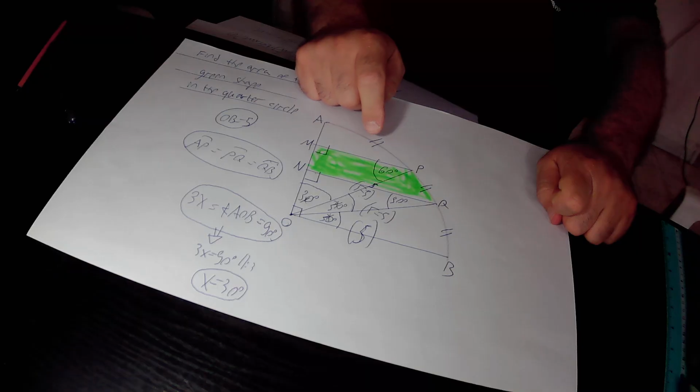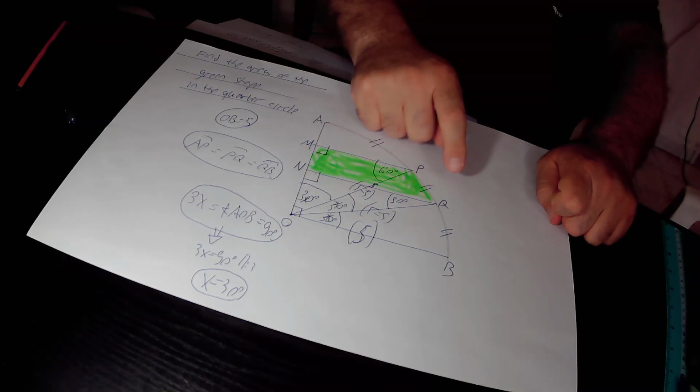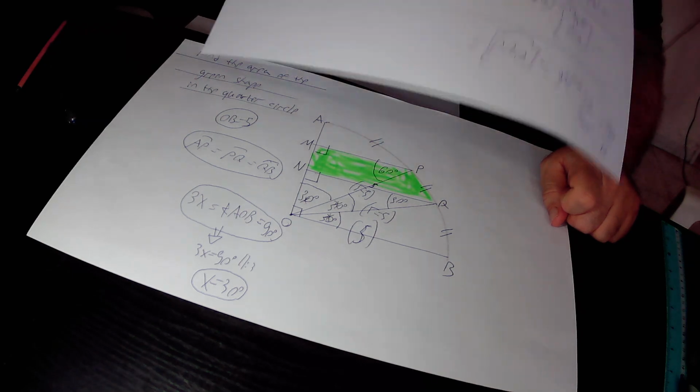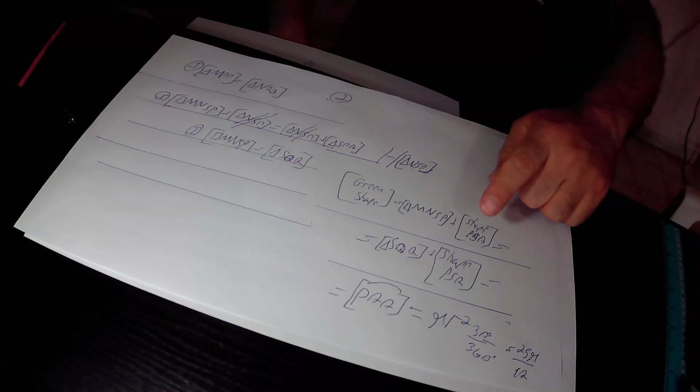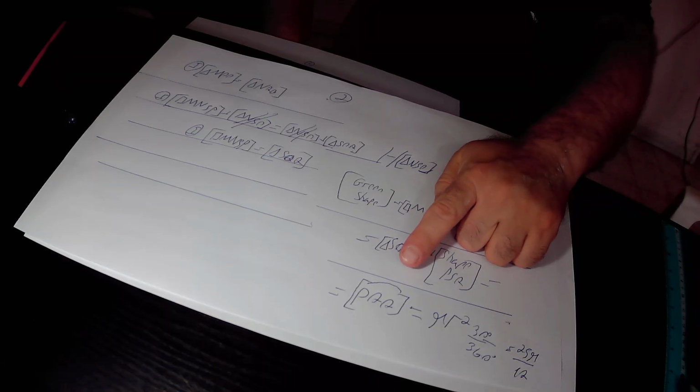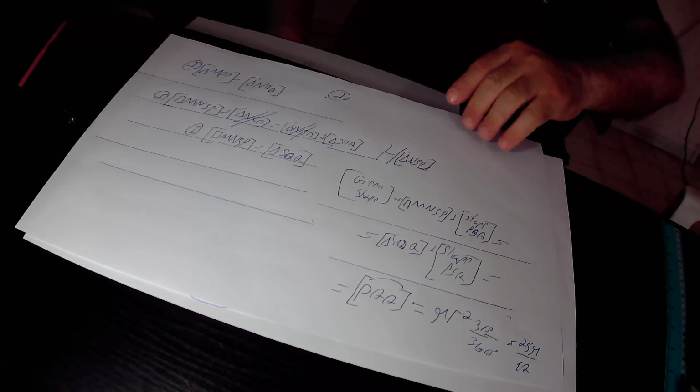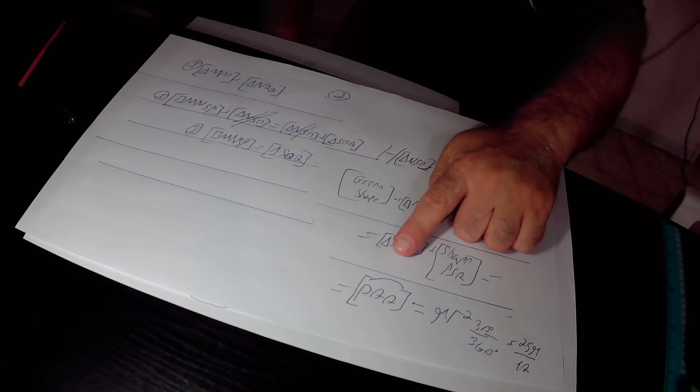So in total, the area of the green shape equals the area of sector POQ. Here the rounded line above POQ is the sign for a sector. It means the area of sector POQ.